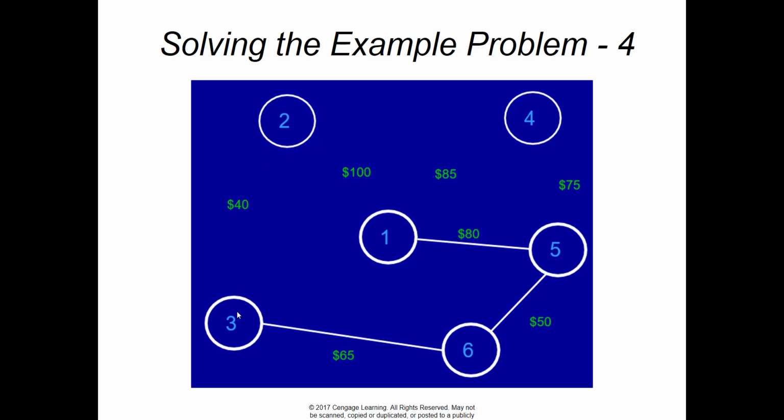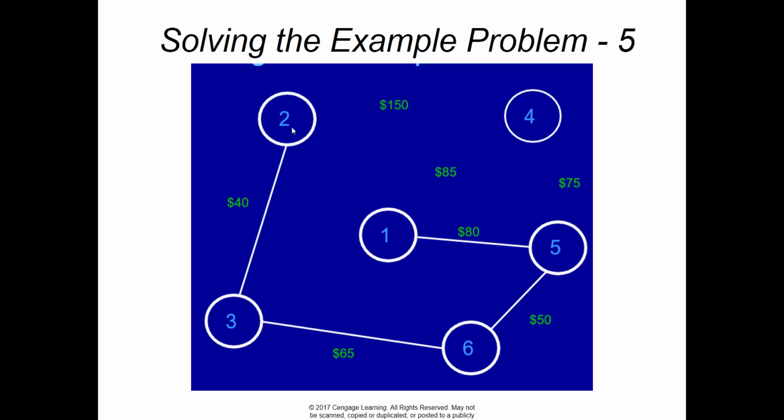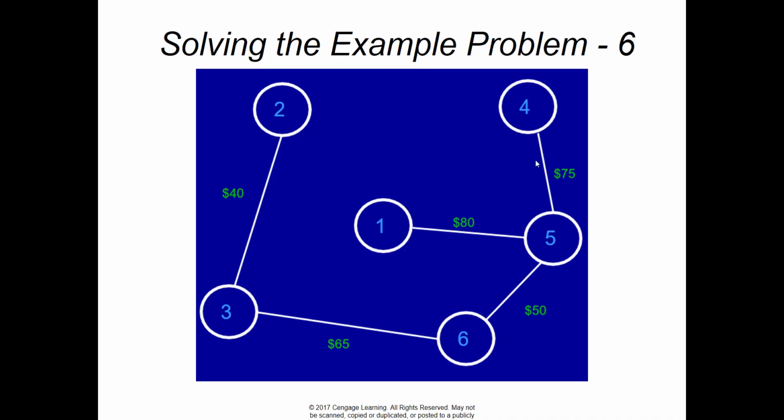It costs 40, which is the smallest cost we have, so we can add node 2 to the system. Across all of these numbers, you can see that 75 that connects 4 to 5 is the smallest, so we select this one. Now we have selected all the nodes, and then we can stop. This is the end of the solution for this problem.